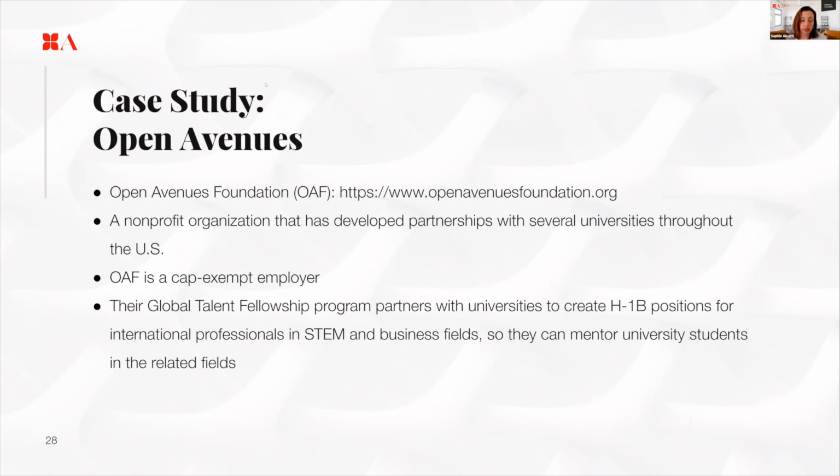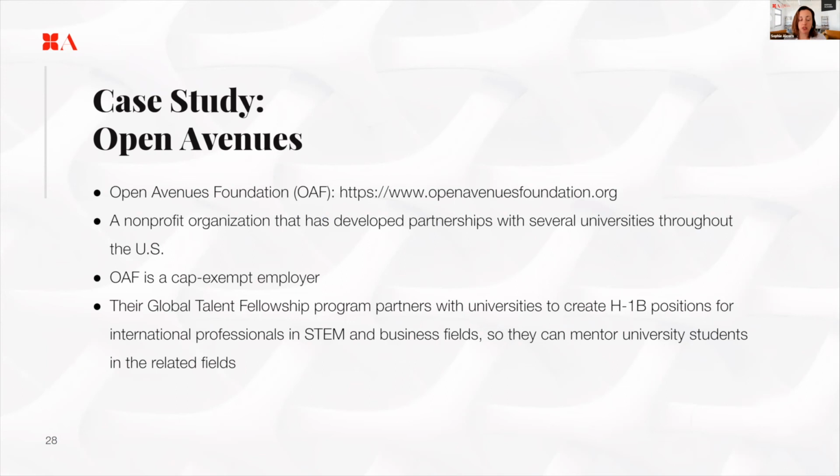global talent fellowship program. And so basically, from a company perspective, if you have your candidate, you would nominate your candidate as a global talent fellow at Open Avenues. There's a selection process. If your candidate is selected, there would be an itinerary of services and duties that your candidate would have in the nonprofit once their H-1B is approved for the nonprofit.